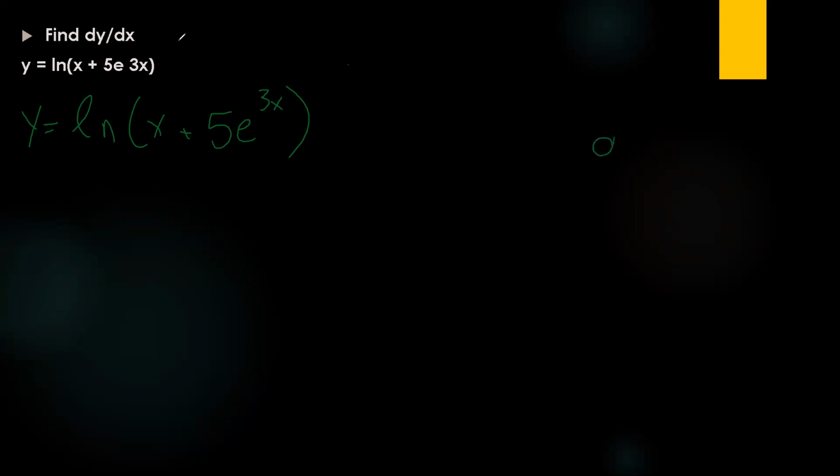Let's remember, what is the derivative of ln u? It is 1 over u times du over dx. This is the derivative of ln u.